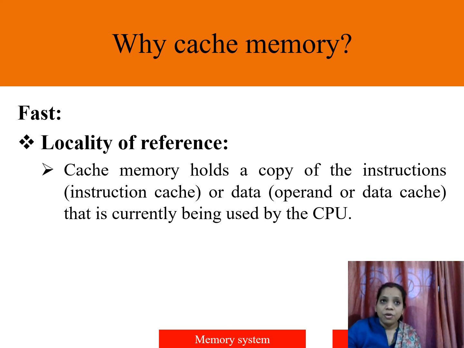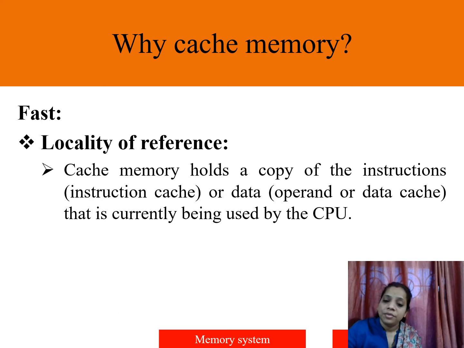So if we place a small memory between the CPU and the main memory, then the execution can be much faster than before.